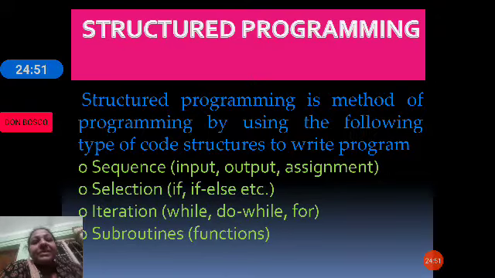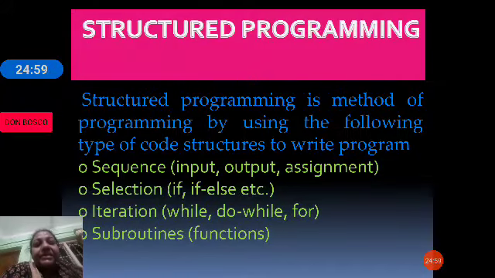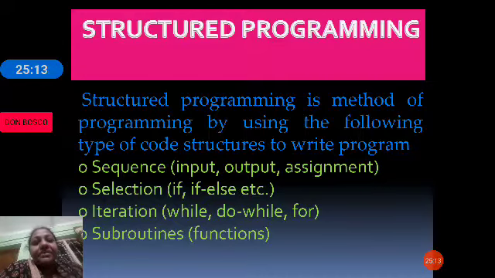Structured programming is a method in which the programs are written using sequence, selection, iteration and procedures or subroutines. Sequence can include input, output and assignment statements. A selection can include simple if, if else, nested if, and the iteration statement can include while, do while and for. What are subroutines?